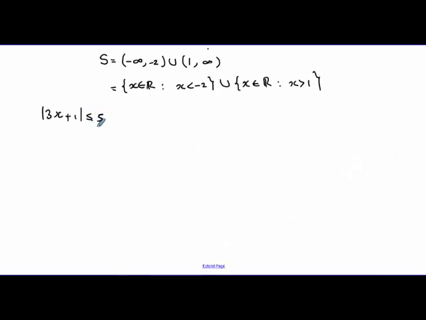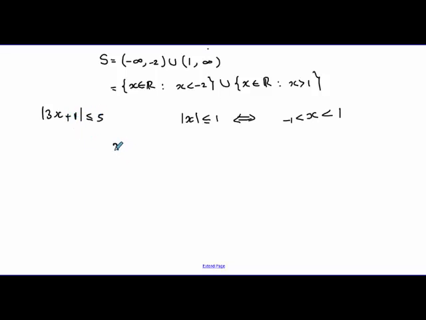Now let's look at this inequality. That's the absolute value of 3x plus 1 less or equals to 5. So in this inequality, we need again to reflect on what we had here when we said the absolute value of x less or equals to 1. We said this was equivalent to simply saying that x lies between minus 1 and 1. So again here, we just look at what is in the brackets there as lying between minus 5 and 5.